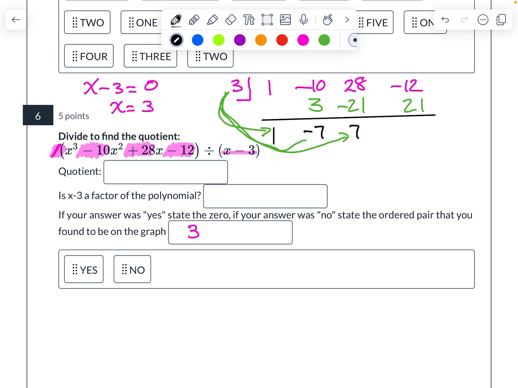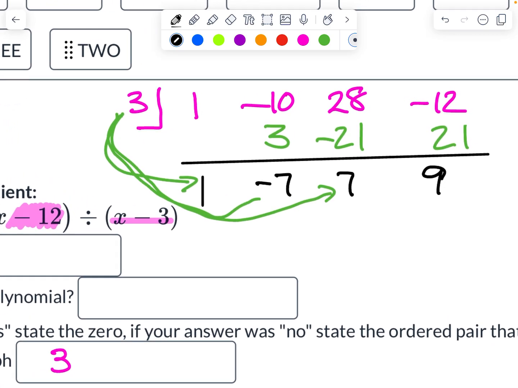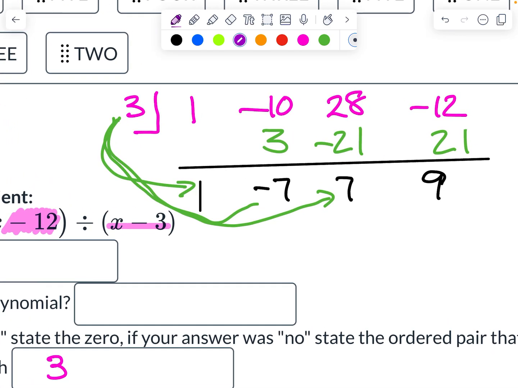And -12 and 21 are 9. So I have a remainder.